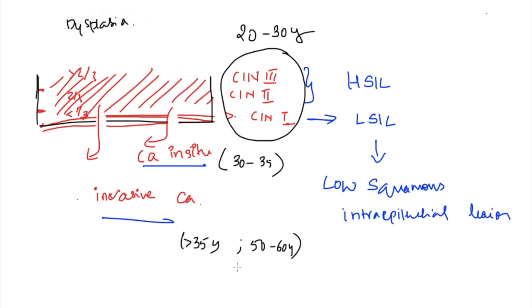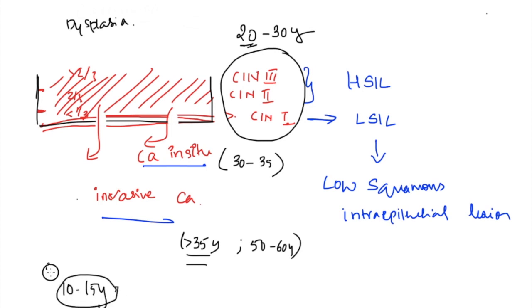Okay, now one thing to be told here is, you see there is an intraepithelial lesion. Let's say it started at the age of 20. And then when will she develop invasive carcinoma? At the age of 35. So there is around a 10 to 15 years gap here. So you get 10 to 15 years.